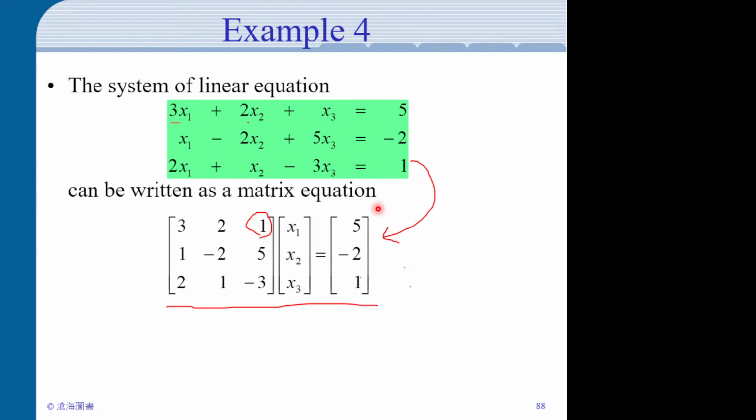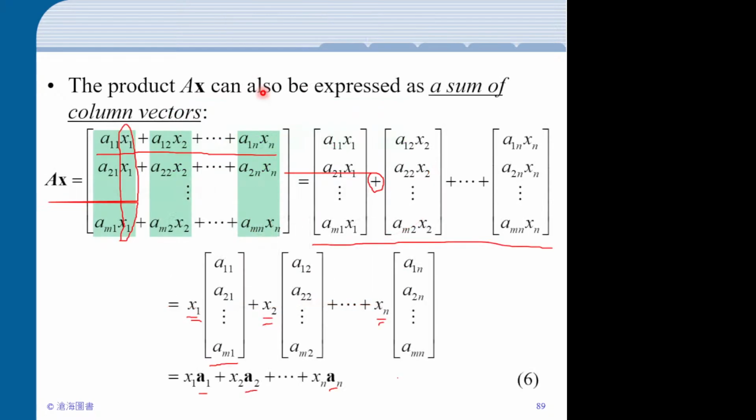So this is the motivation for why we define matrix multiplication this way: we can write down a linear system of equations as Ax equal to b, and you need to write a little less of those xi's. Let's see a little more about this Ax equal to b.